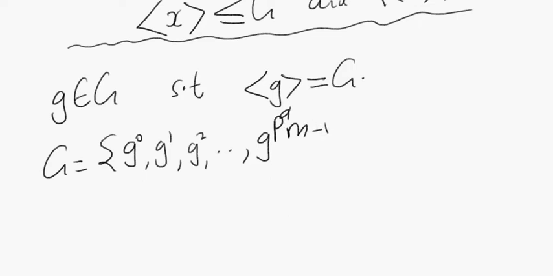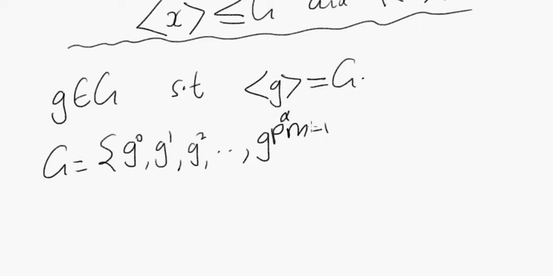So let's make this alpha. All the way up till g to the p to the alpha times m minus 1. Right.